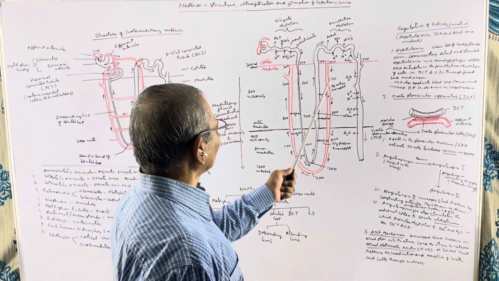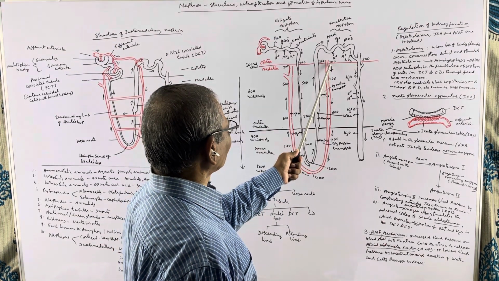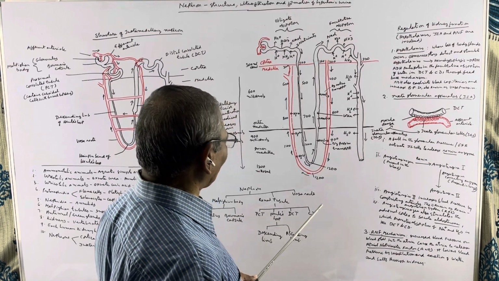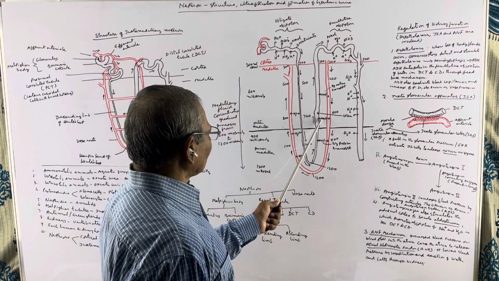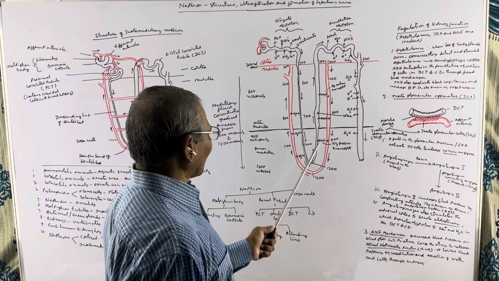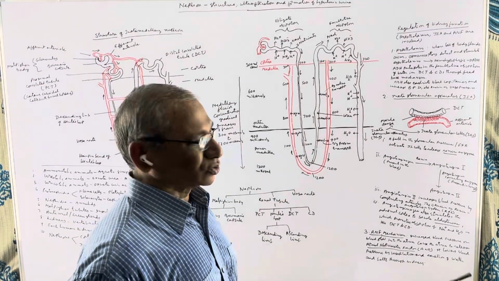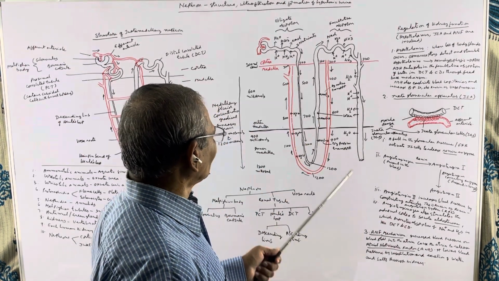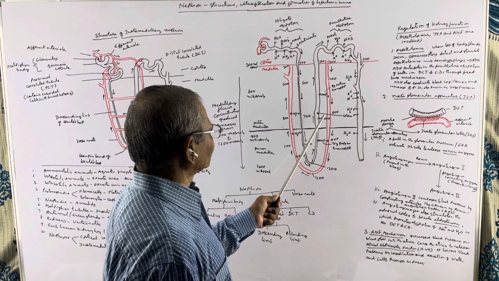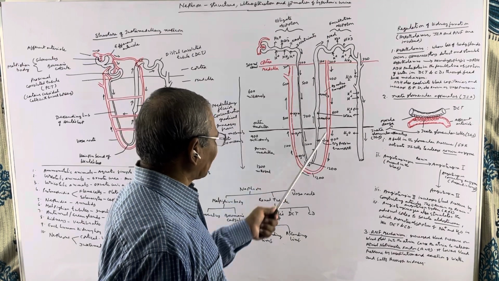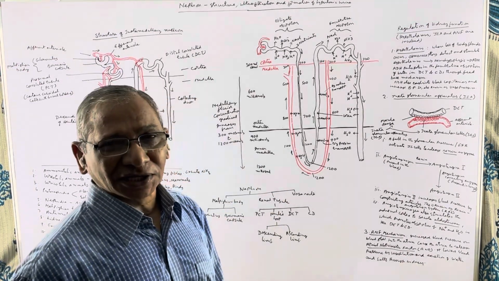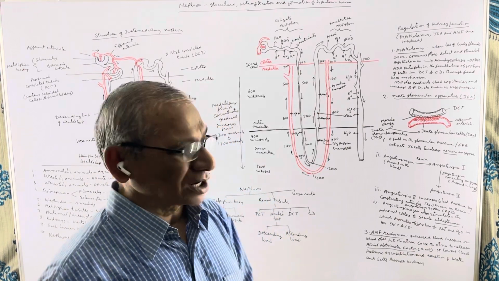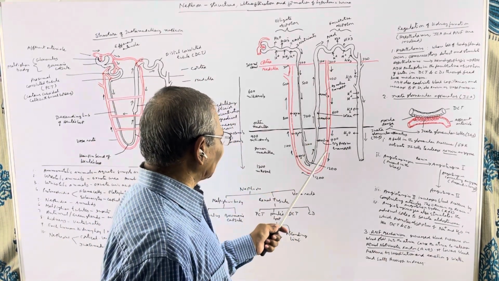Then, in this limb, the osmolarity of the blood increases from 300 milliosmoles to 1200 milliosmoles. How does it happen? The sodium chloride coming out of the ascending limb of the Henle's loop enters the descending limb of vasa recta. Because of the accumulation of sodium chloride in the blood, osmolarity increases from 300 to 1200 milliosmoles in the descending limb of vasa recta.